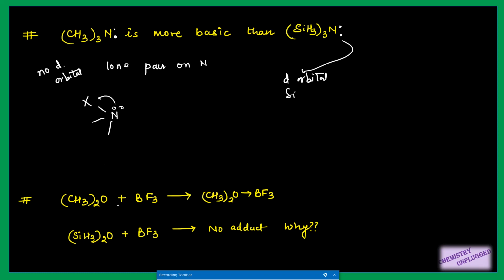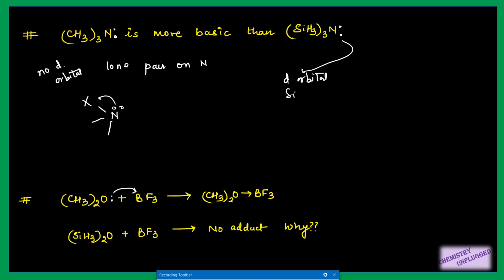This reaction shows that these two will form an adduct, but if I am taking disilyl ether, then with BF3 it will not form an adduct. Why? Because this adduct is due to the donation of the electrons present on oxygen to BF3, which is electron deficient, right, due to this dative bond.